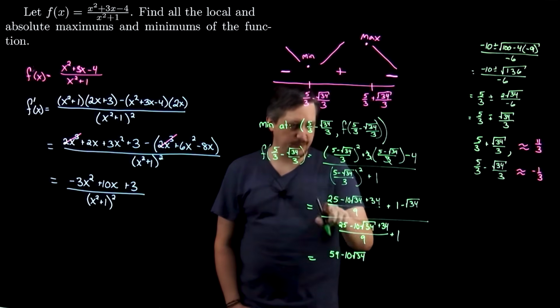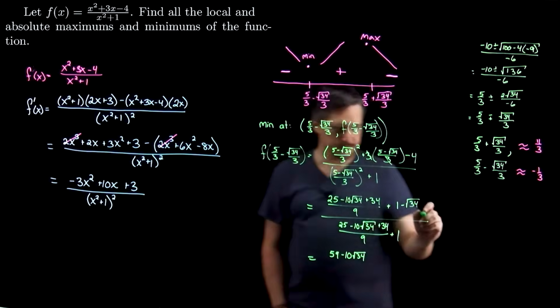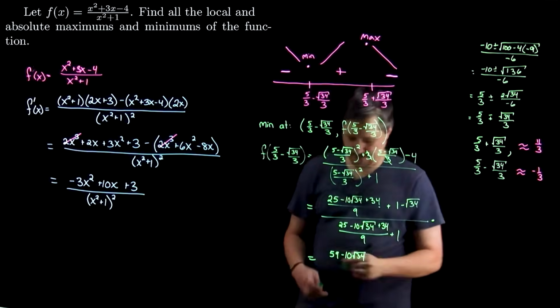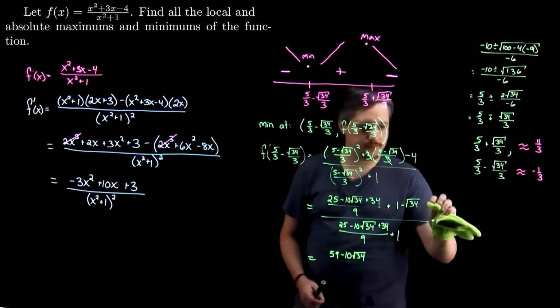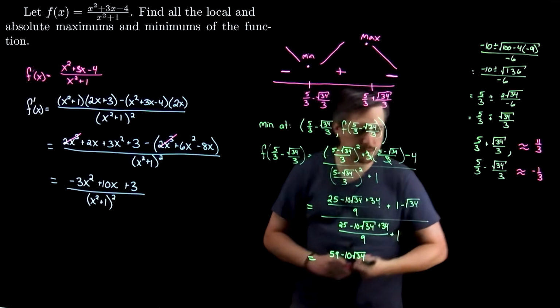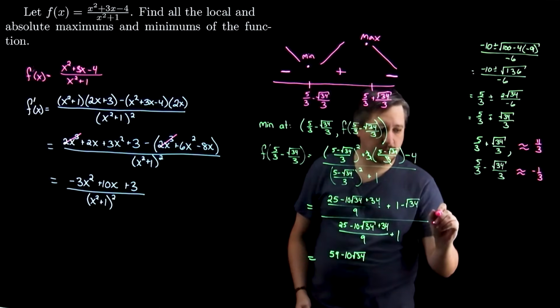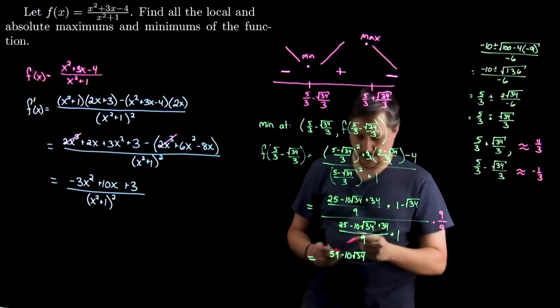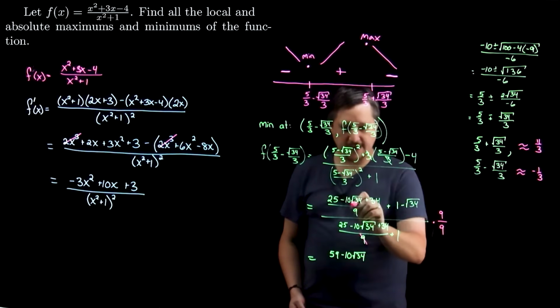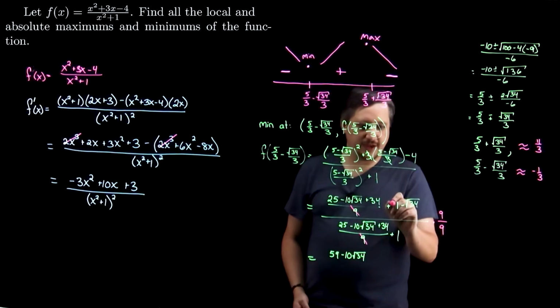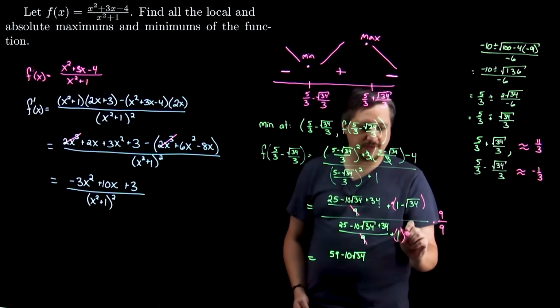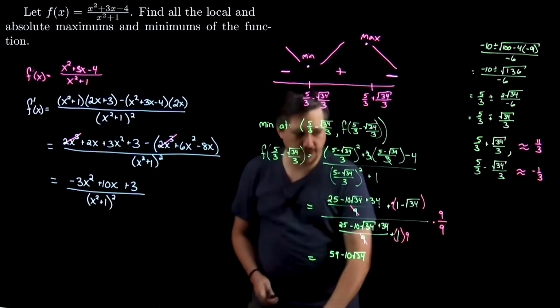And then I multiplied this by 9 to get rid of the 9. To be clear, I am multiplying by 9 over 9 in order to cancel that 9 and that 9, but then I still have 9 times this and this times 9 left over.